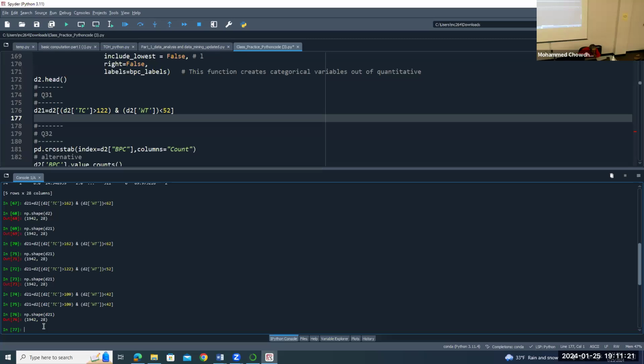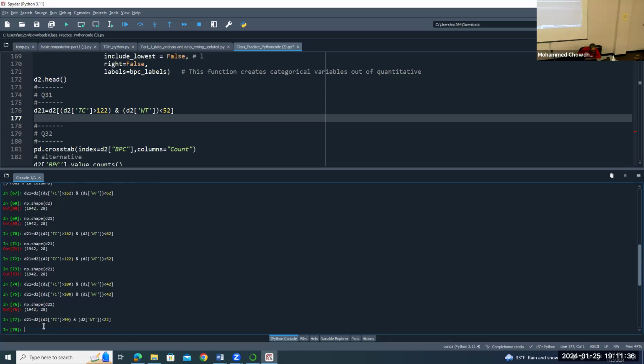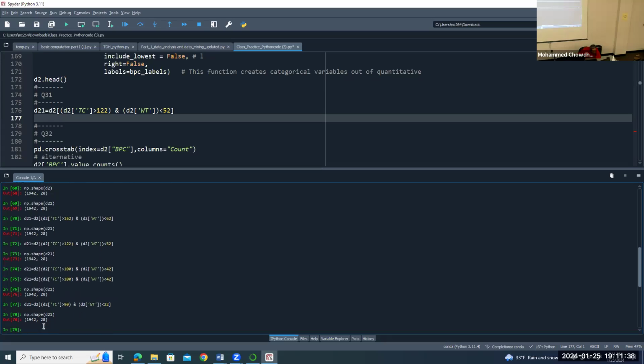Maybe let me do another thing. 90. It may be 20. Let's check. Okay, so then that code is not working. I'll fix these things, okay? It is sure the code is not working. For some reason, this AND is not taking. I'll check it. I will fix it.